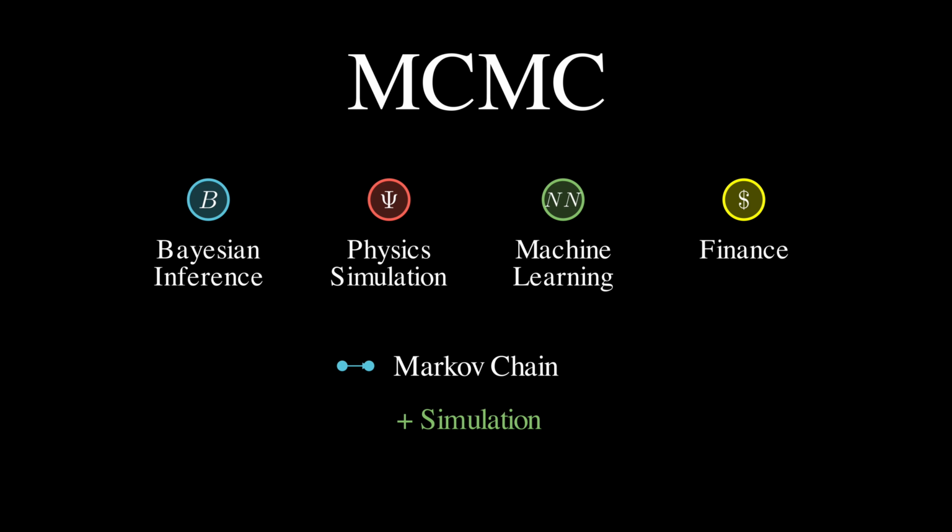Together, they create an algorithm that can map any probability landscape, no matter how complex, as long as we can evaluate relative probabilities, and while we sacrifice the independence of our samples, we gain the ability to tackle problems that would otherwise be completely intractable, making MCMC one of the most important algorithms in modern computational science.